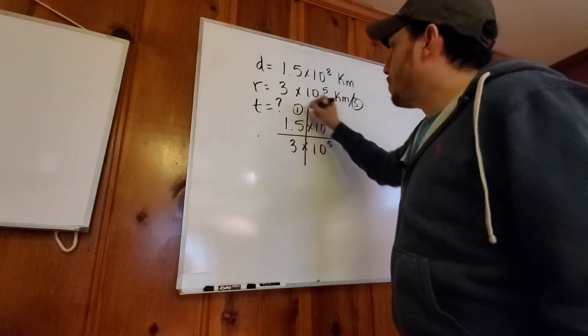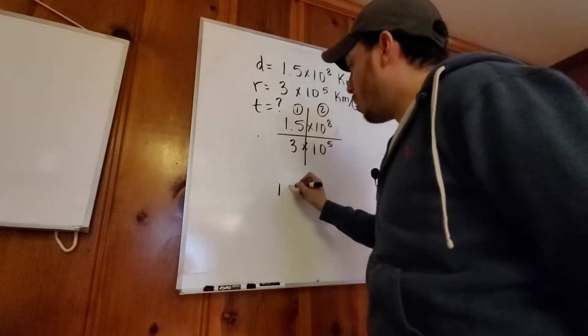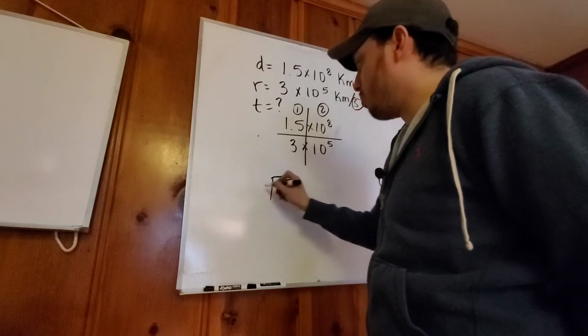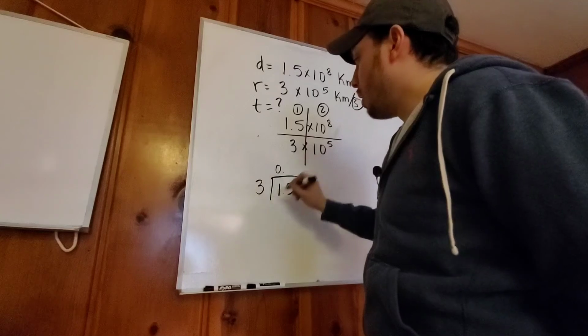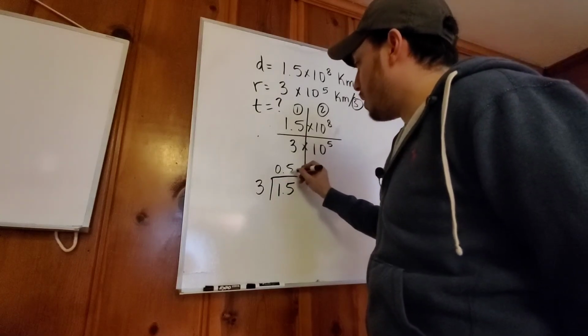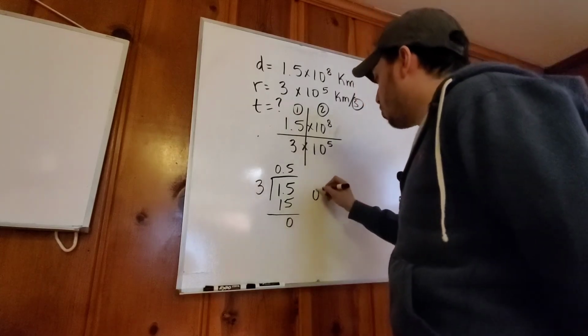So again, divided into 2 parts. The first part, 1.5 divided by 3. Now, in here, you are allowed to do this. So 3 into 1 is 0, but into 15 is 5. So I get 0.5.